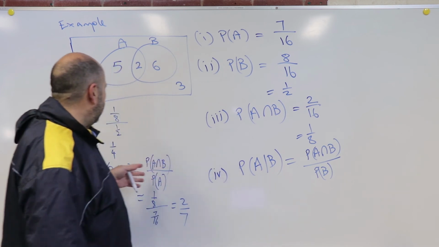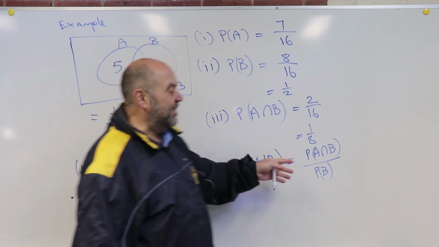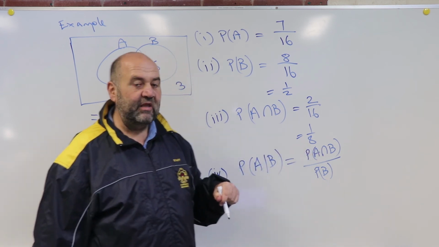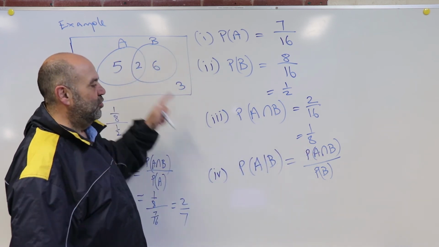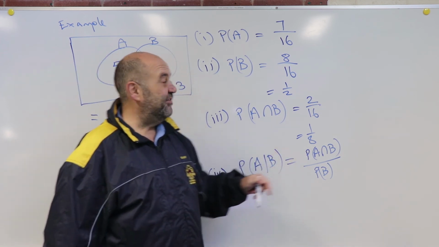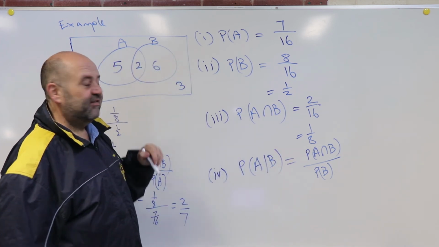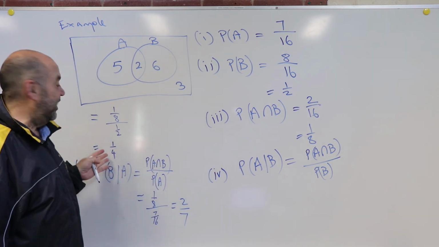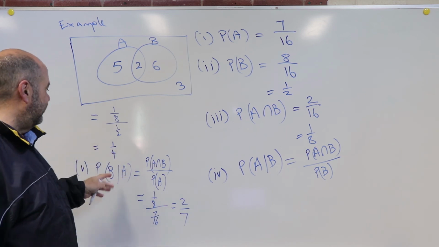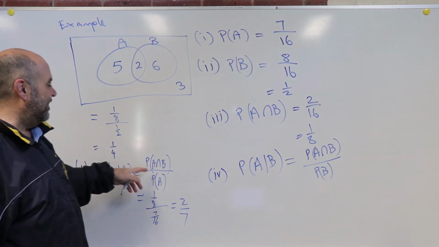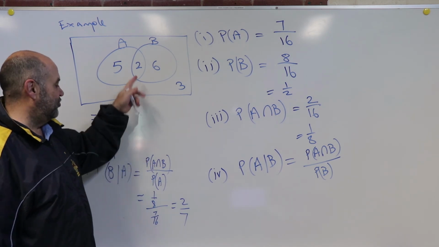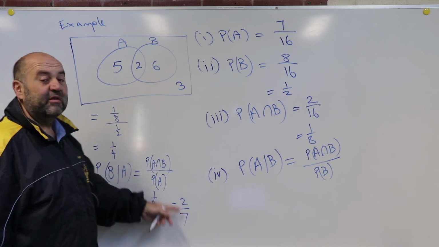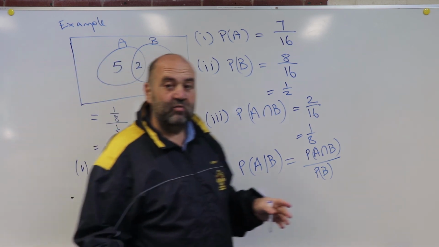So the probability of A given B is the number of things in A intersection B, which is 2, divided by the number of things in B. Well, that's 8. 2 over 8, of course, is a quarter, which is what we had over here. The probability of B given A is the number of things in the intersection, which is 2, divided by the number of things in A, which is 7. So it's 2 over 7. So both ways could work.